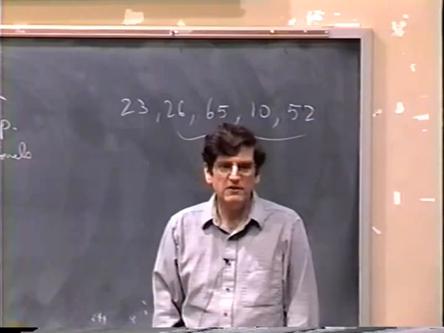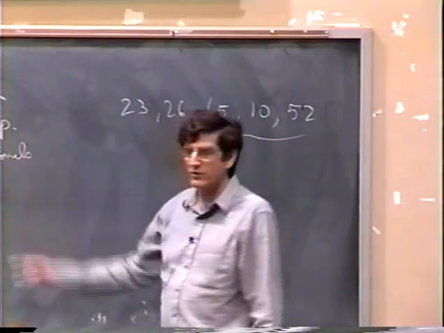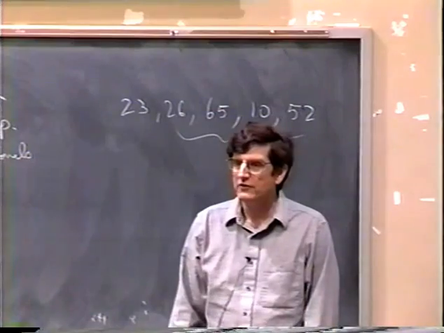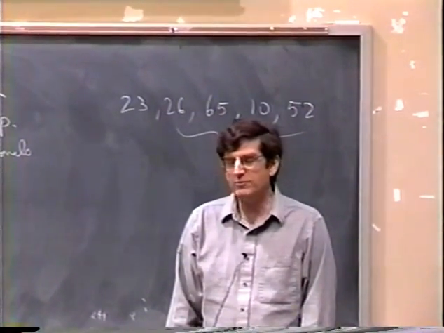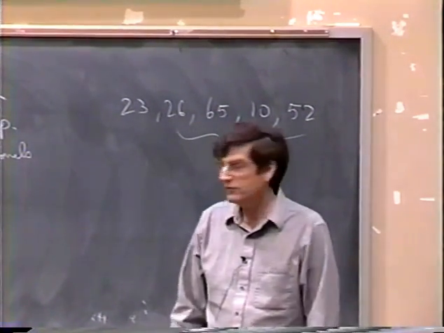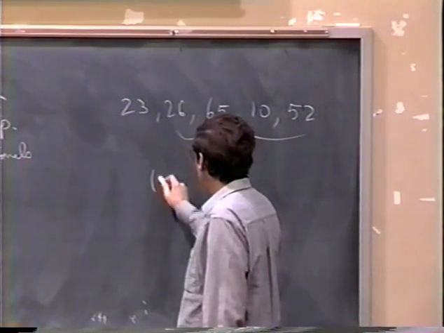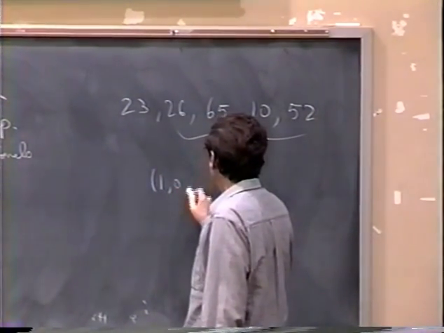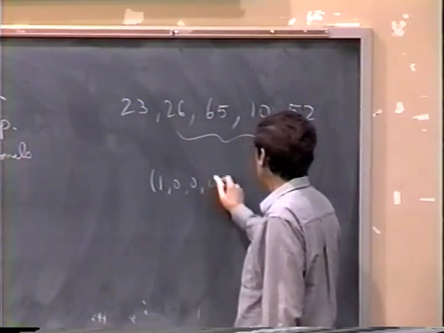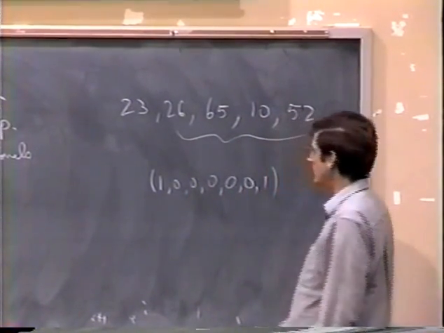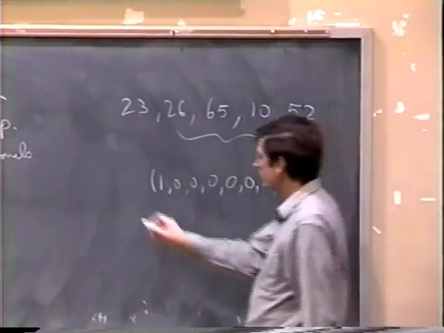In fact, instead of using logs, there's another way of viewing this. We can create exponent vectors. Every integer has a prime factorization. So let's let the exponent vector for 26 be 1, 0, 0, 3, 5, and this corresponds to 26.